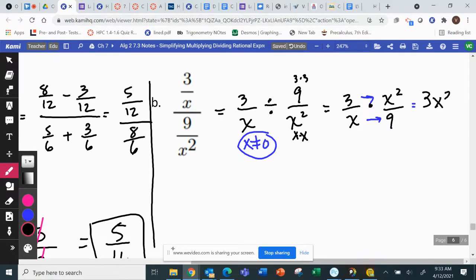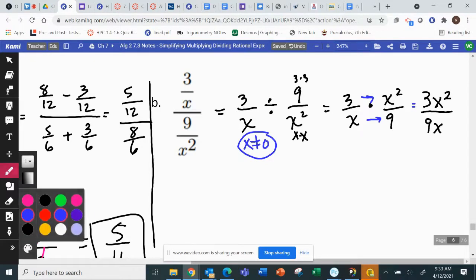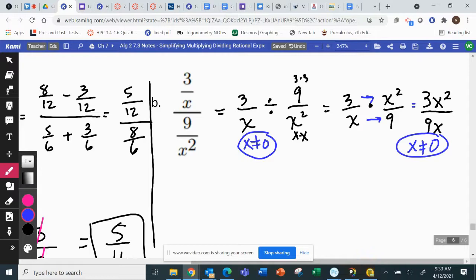We have to do this when we divide. We also have to do it when we multiply. Domain restrictions. Okay, we do it when it's division, then we do it again when it is multiplication. It's still the same one. We're fine.